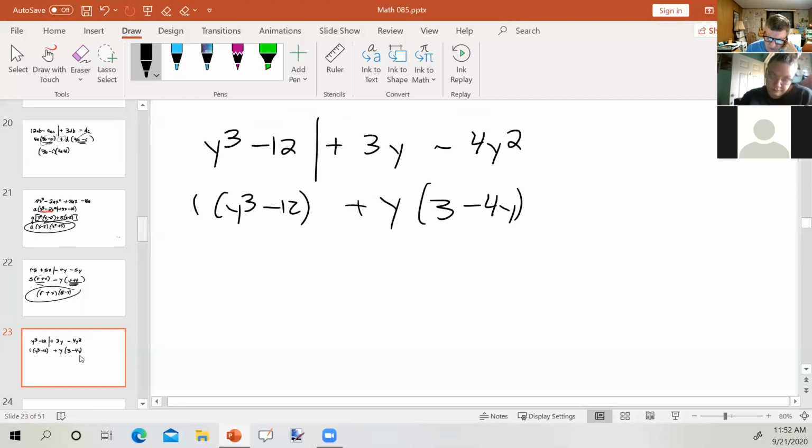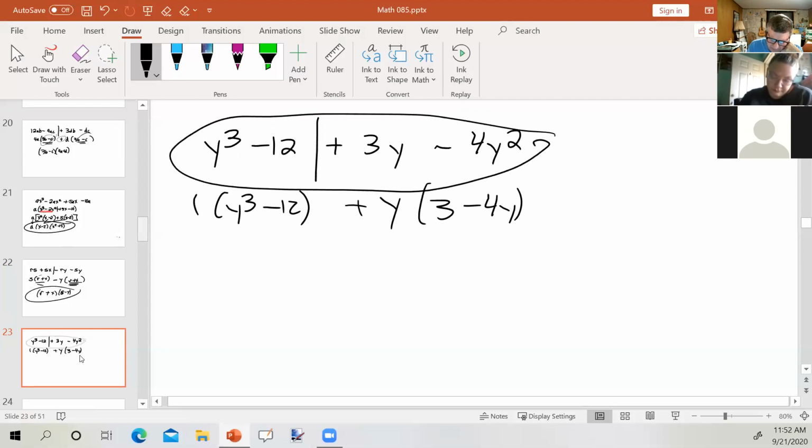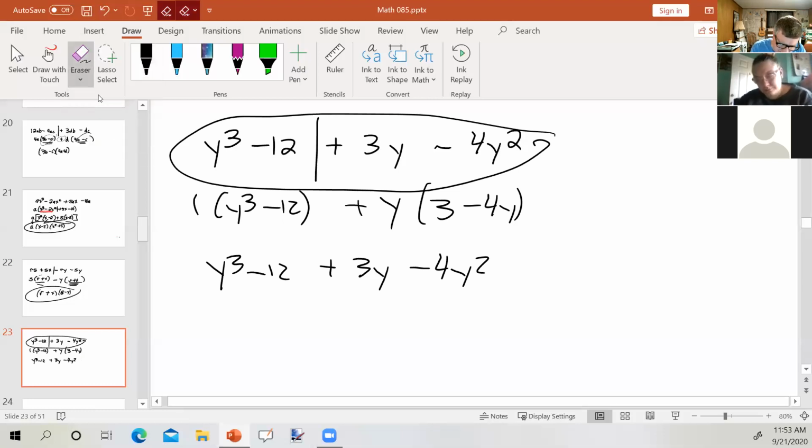So what I'm going to do is I'm going to go back to the beginning, and I'm going to write this thing in descending powers of the variable. Okay. So let's see here if I can get this eraser to work.